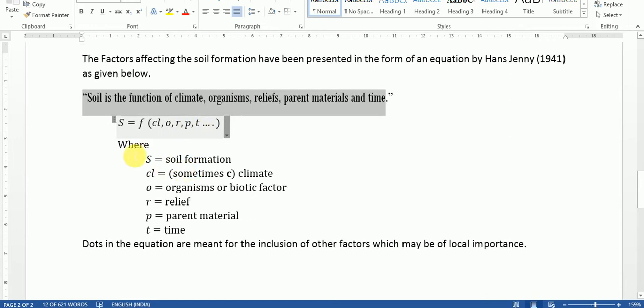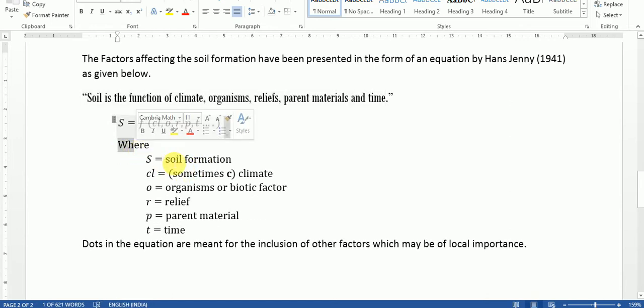So here S refers to soil formation, Cl or sometimes C refers to climate, then O refers to organisms or biotic factors, that is vegetation and organisms. R refers to relief, P stands for parent material, and T stands for time.